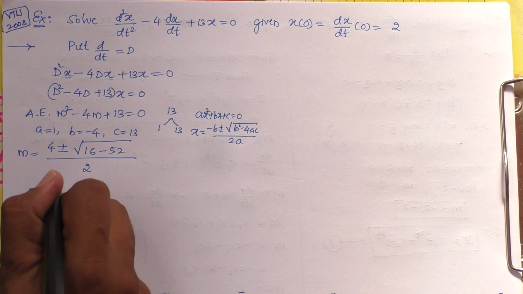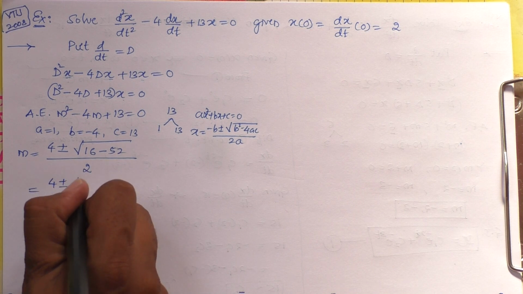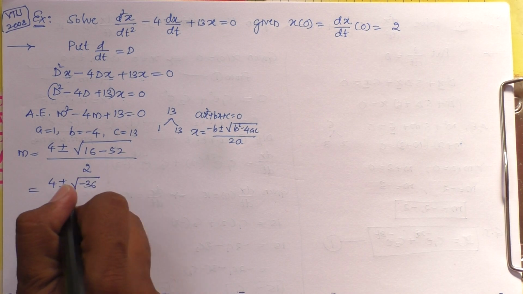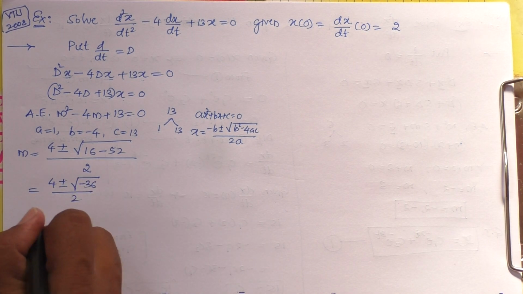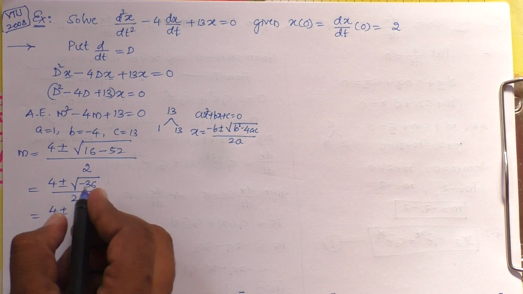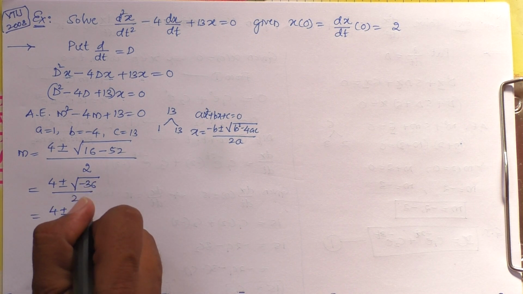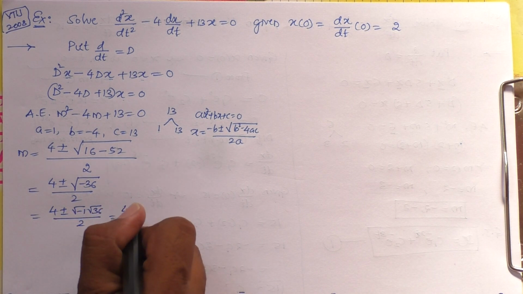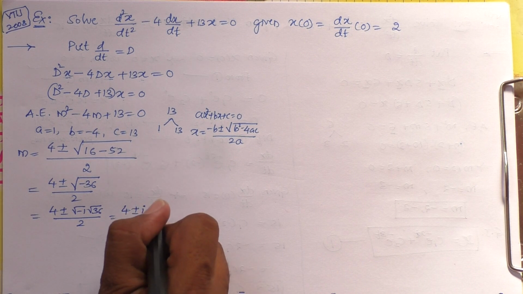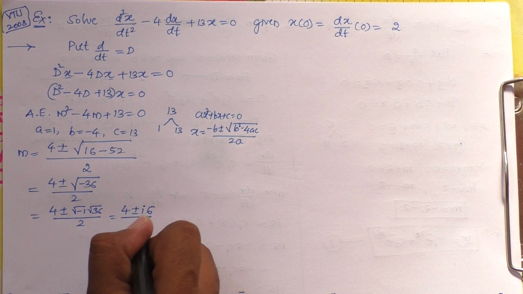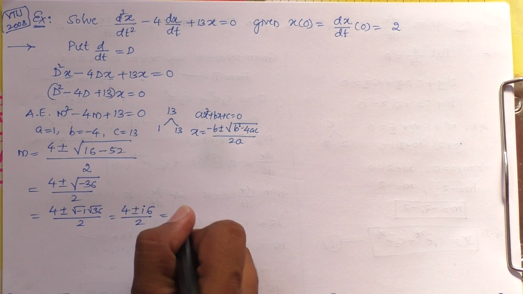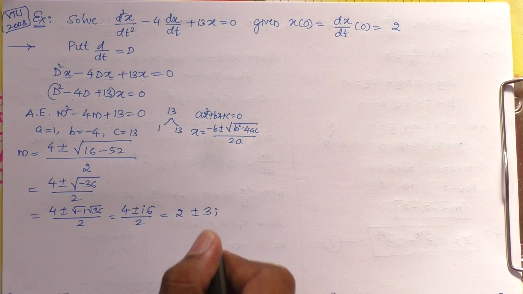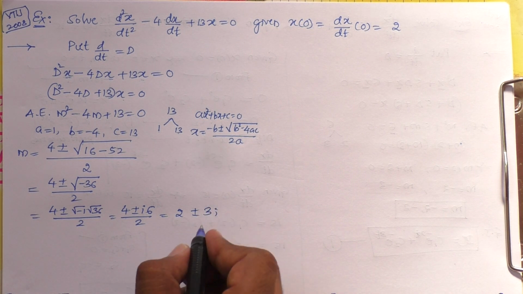Now let us simplify. 4 plus or minus square root of 16 minus 52, which is -36, divided by 2. Square root of -36 can be written as square root of -1 times square root of 36. So 4 plus or minus i times 6, divided by 2. So 4 by 2 is 2, plus or minus 6i by 2 is 3i. So the roots are 2 plus or minus 3i.